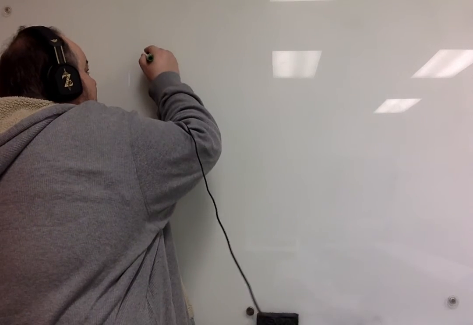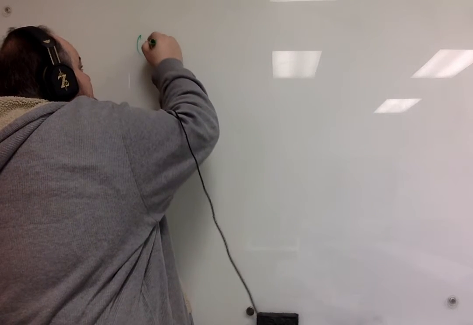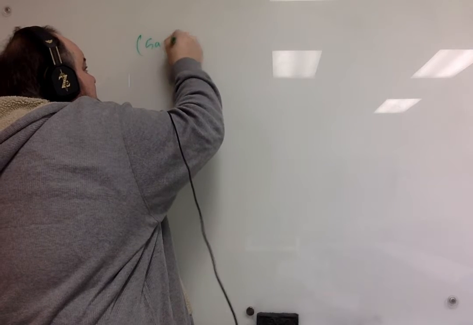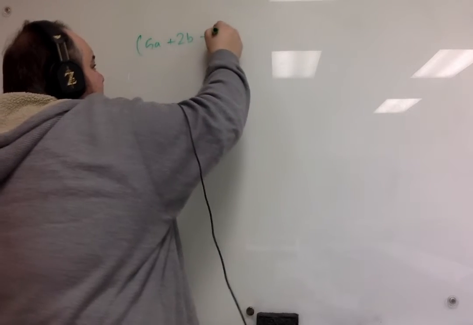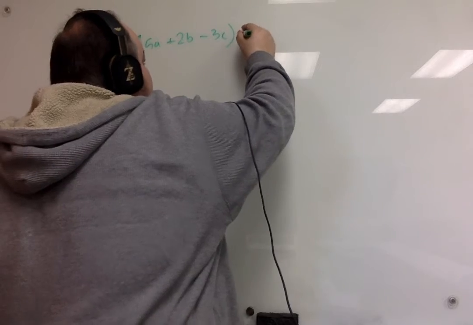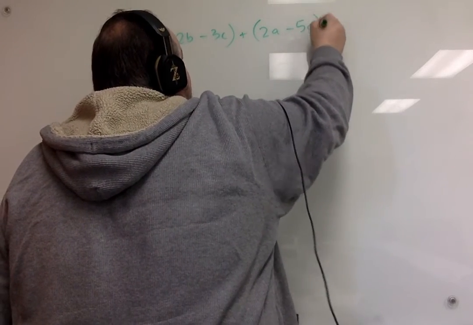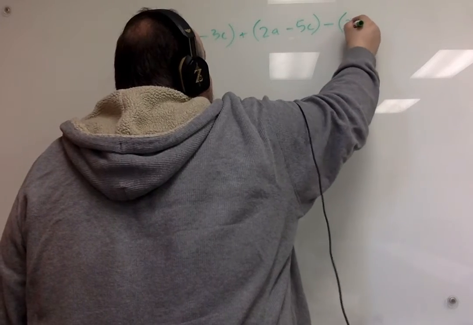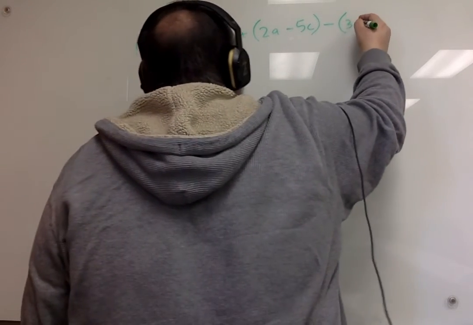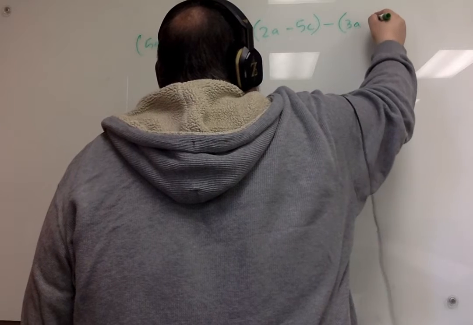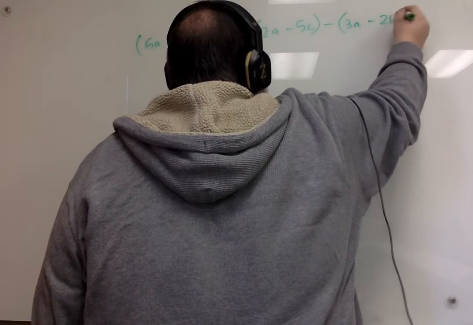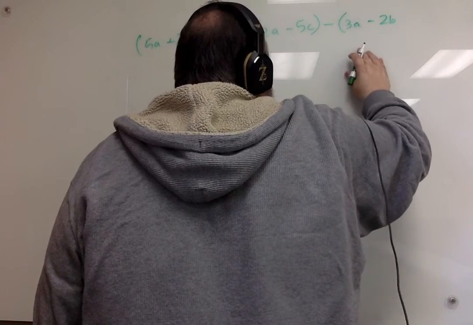So let's say we had this one. It's 5a plus 2b minus 3c plus 2a minus 5c minus 3a minus 2b, or maybe not 2b.